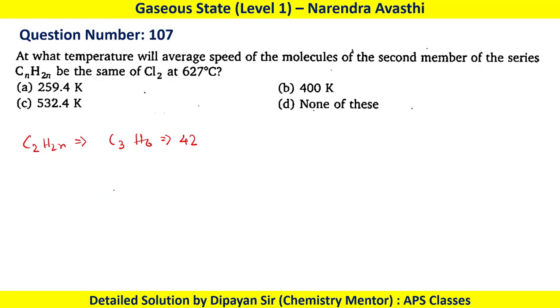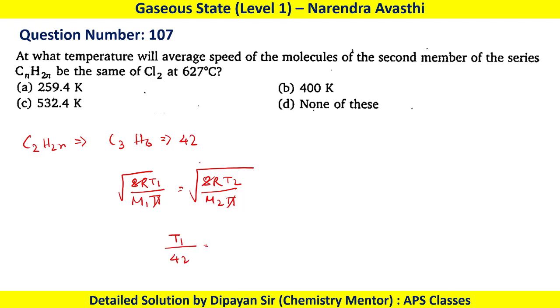Okay, so hence the average speed is root of 8RT1 by M1 pi, equal to root of 8RT2 by M2 pi. So pi will cancel, 8R will cancel, so this will become T1 by 42, that is for C3H6, equal to T2 divided by 35.5 multiplied by 2.